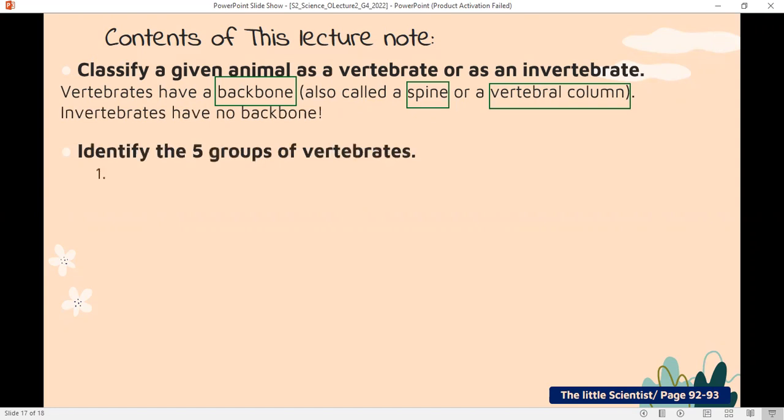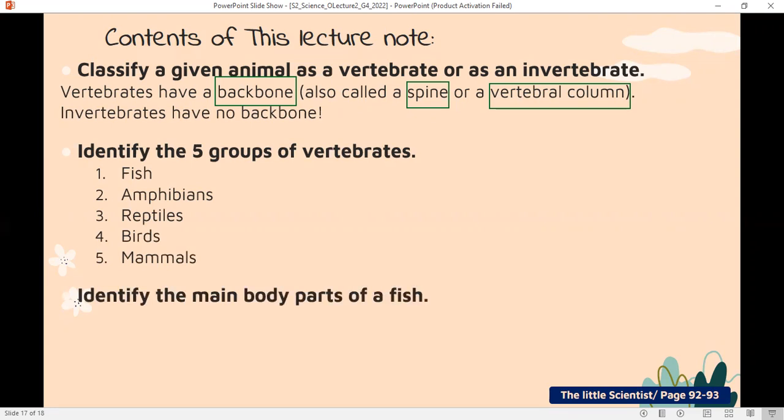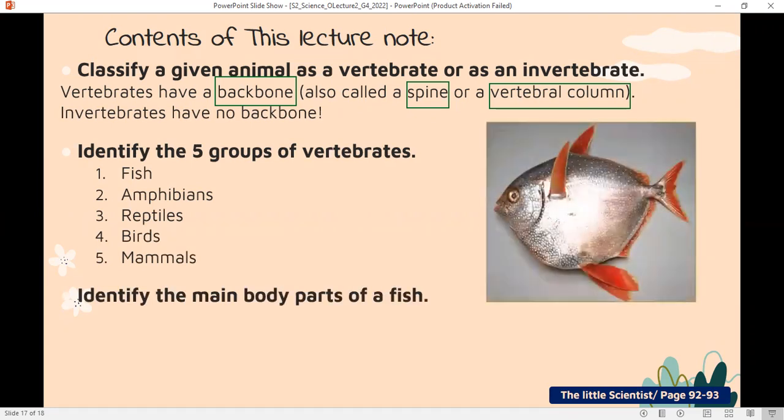Vertebrates are classified into 5 groups: fish, amphibians, reptiles, birds, and mammals. We will talk about each group in details. Today was the turn of the fish group. The fish is an animal that moves with its fins. Here is a fin, fin, fin, tail fin, and this is also a fin, by the way.